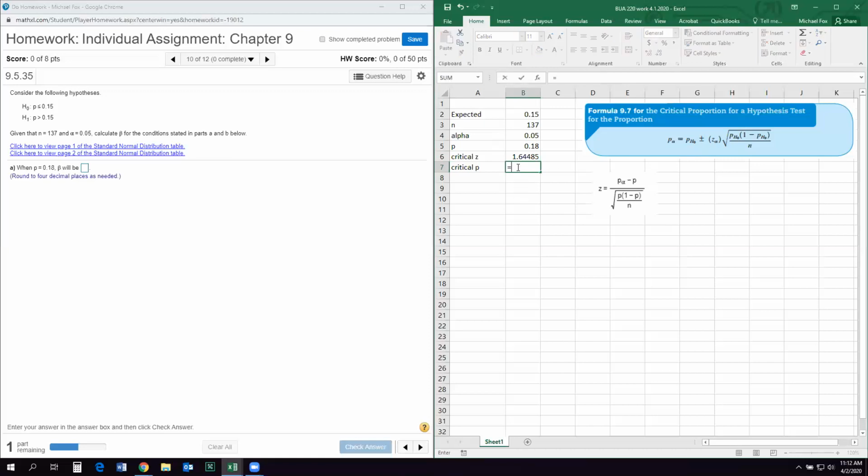Anyway, so the formula for this is going to be, it calls it the p sub 0. That's the expected proportion.